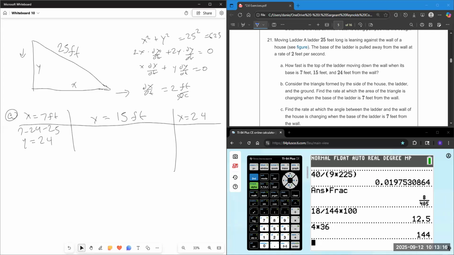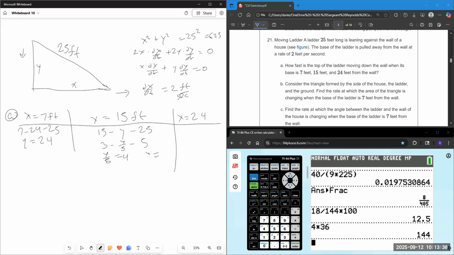This one is 15, something, 25. And so this is 3, something, 5. That's a 3, 4, 5 right triangle. So y over 5 is 4.